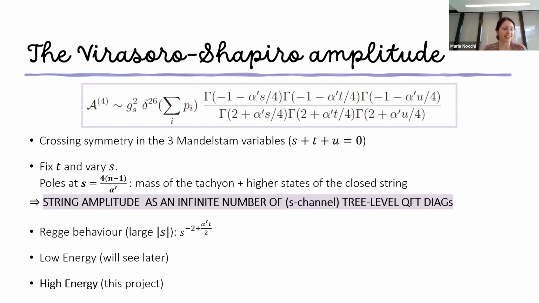Then the next observation is to tune these Mandelstam variables and see what happens in the limits. For example, one very trendy thing nowadays is to study the Regge behavior of the amplitudes, which would correspond to taking S large and T finite. And it's well known that if you exchange a particle of spin J, that would correspond to an amplitude going as S to the J. Here I just reported very schematically the leading order Regge particles exchange, the states of the closed strings, and that's been studied, and we are still working on how to develop these in curved spacetimes.